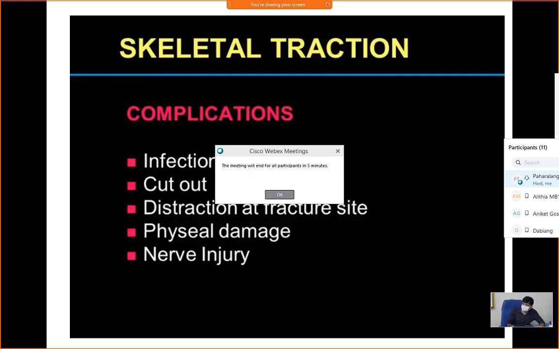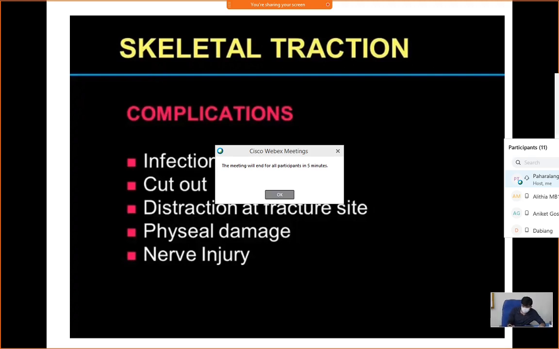Complications of skeletal traction: infection, cut out. Sometimes there may be fracture of the bone due to cut out of the pin. If you put the pin in the wrong direction and wrong part, then there may be fracture of that bone. There is distraction at the fracture site: if you put more weight than needed, there will be distraction at the fracture site.